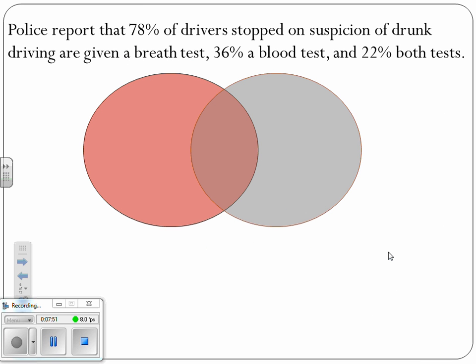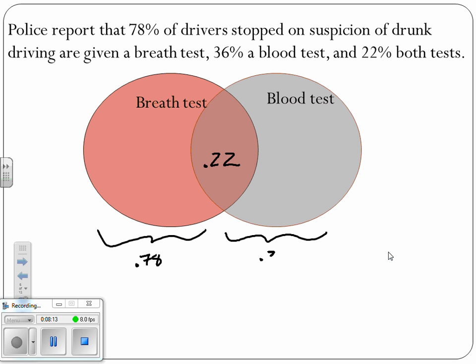So let's say that we take a look here. 78% of drivers stopped on suspicion of drunk driving are given a breath test, 36% a blood test, and 22% are given both. So where we put these things, right, 22% are given both. We know that 78% are given a breath test, and 36% are given a blood test.